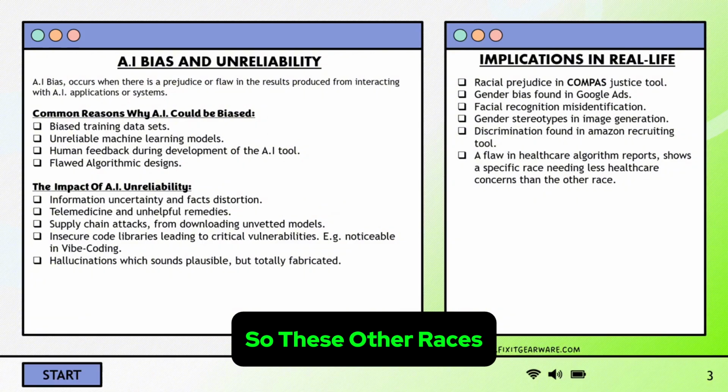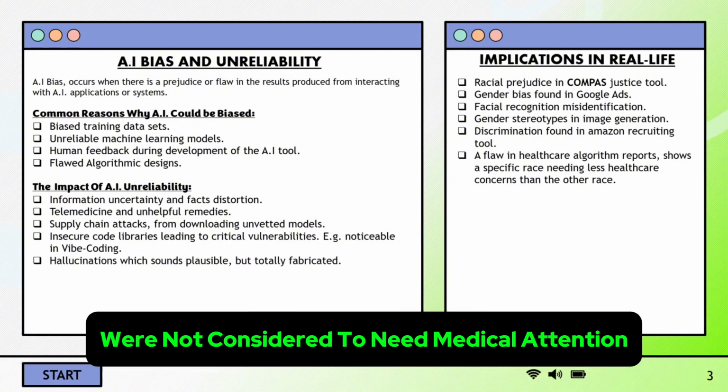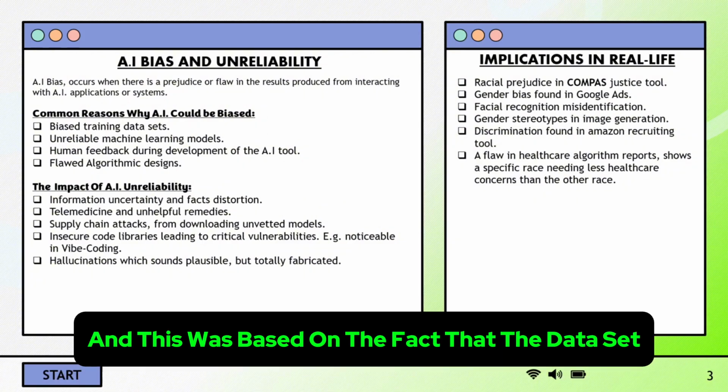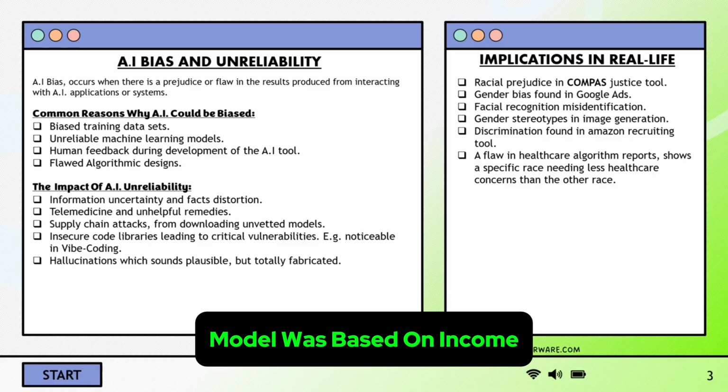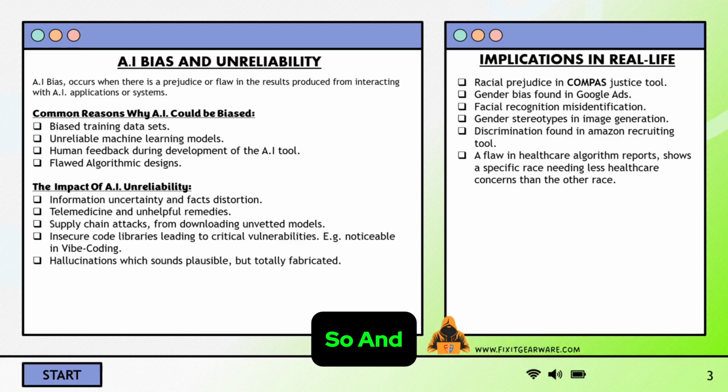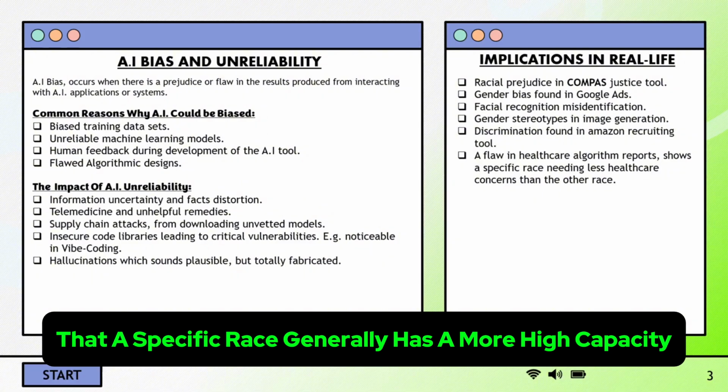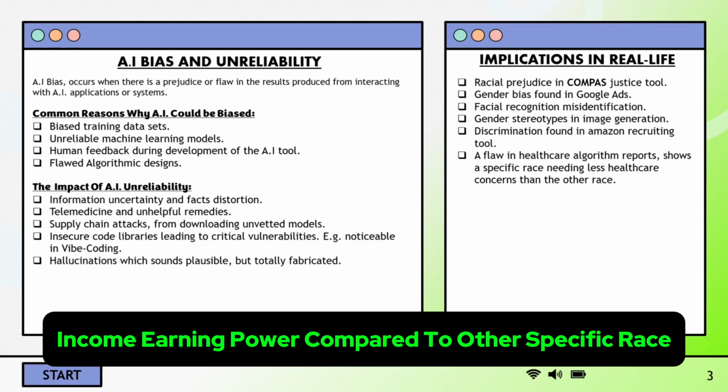So these other races were not considered to need medical attention. This was based on the fact that the data set used to train that specific AI model was based on income. And you know that a specific race generally has a higher income-earning power compared to another race.